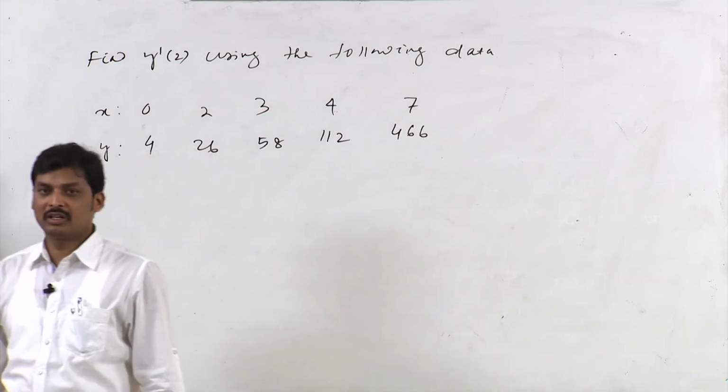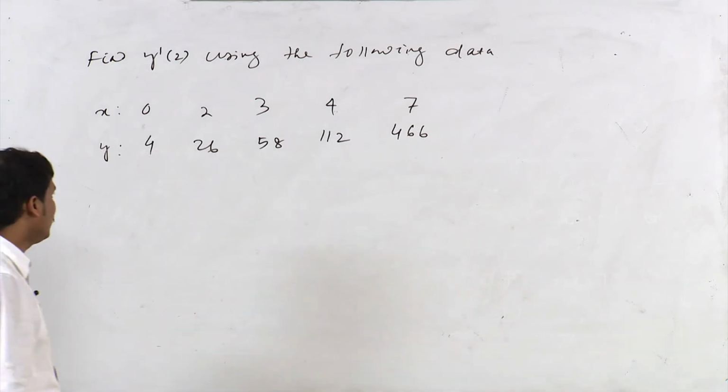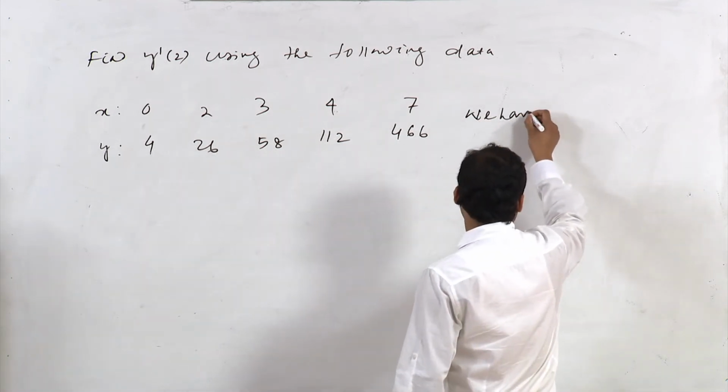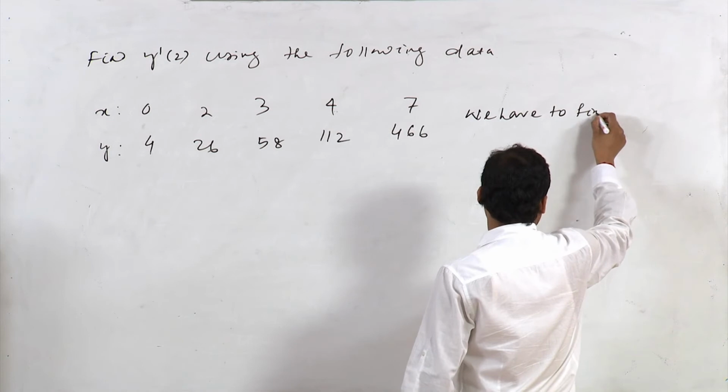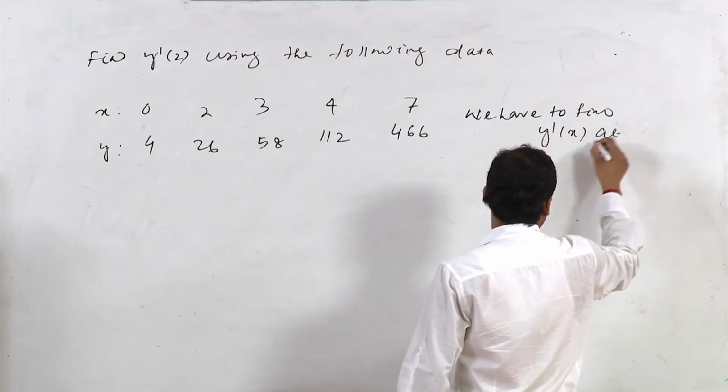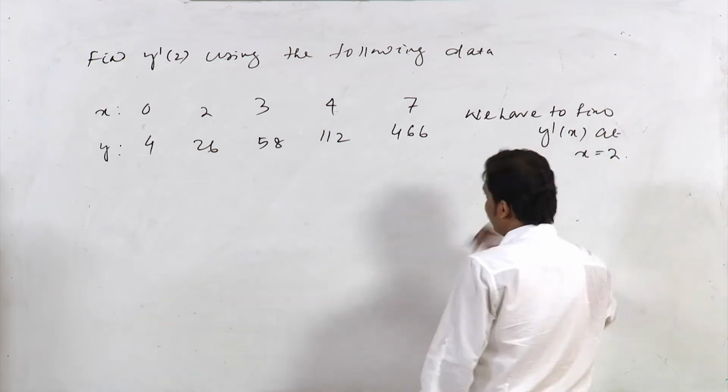Obviously we have to find y dash of x at x equals 2 here.